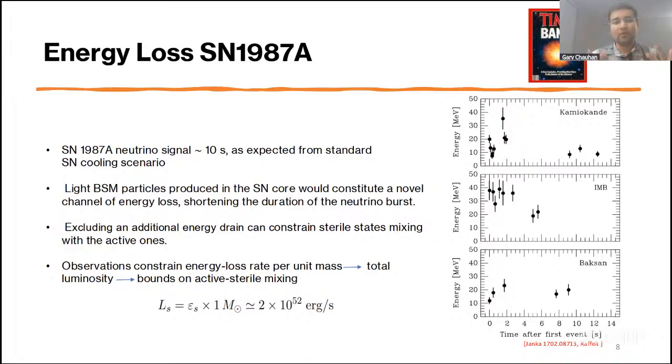So how you can use this as a probe of new physics is that if there were any other new light BSM particles being produced in the core, they would carry energy in addition to the neutrinos, and they can cool the star faster. From there you can get a bound on the parameter space of whichever new species you're interested in.